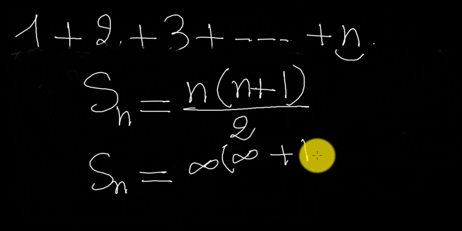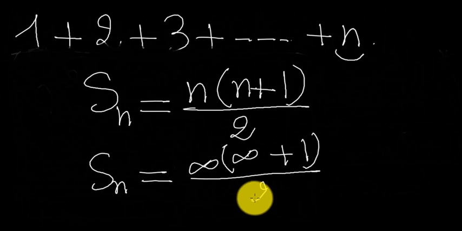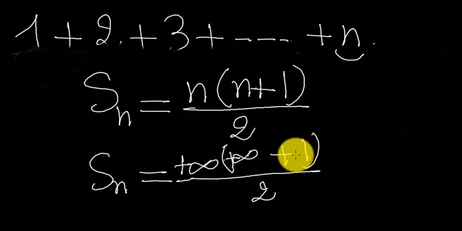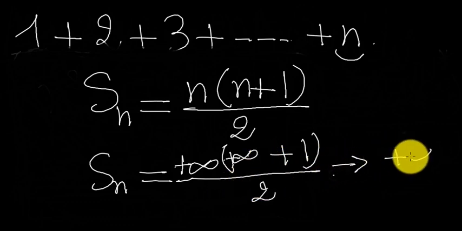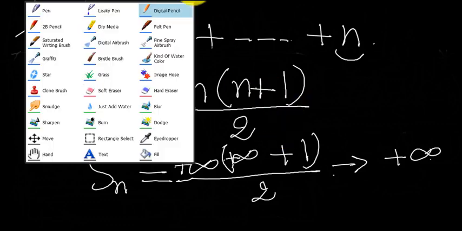What we really can conclude here is that as n goes to infinity, this formula is actually going into infinity times infinity plus 1 divided by 2. And as we are able to compute, according to general mathematical conventions, plus infinity times plus infinity, which is plus infinity, divided by 2 is also plus infinity.